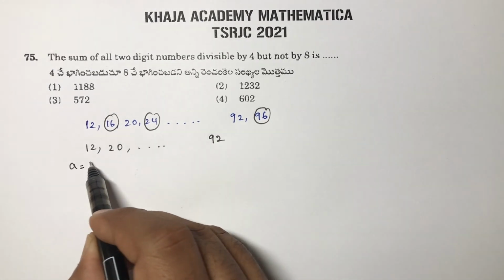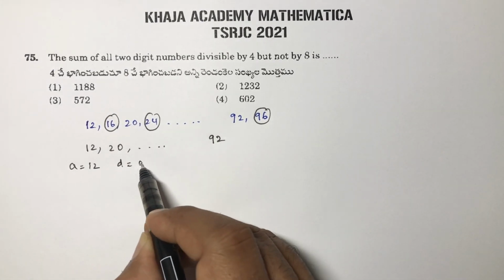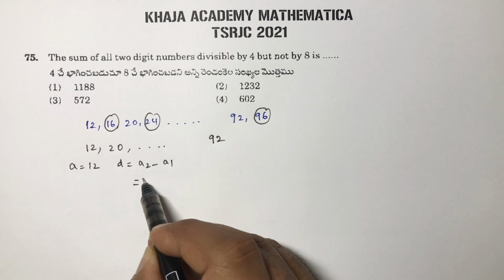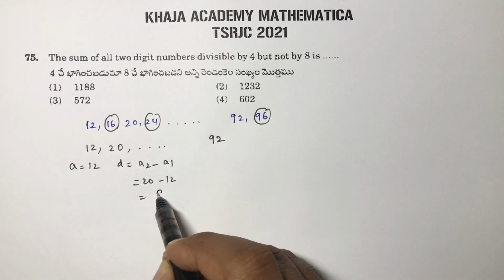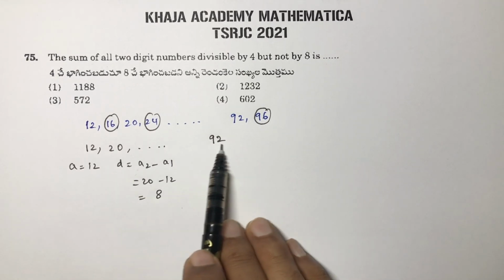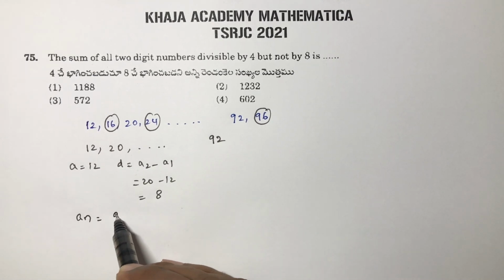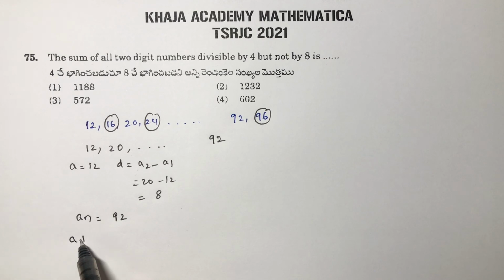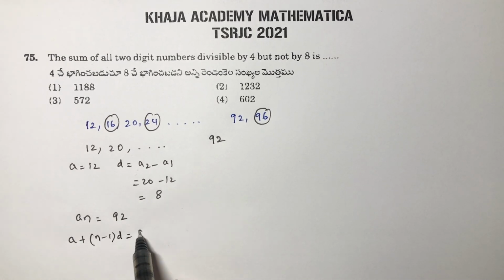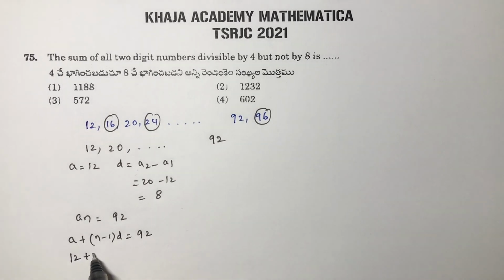So here a is 12, and d is a2 minus a1, 20 minus 12, that is 8. We need to add all these terms, but we don't know how many terms there are. So an equals 92. a plus (n minus 1) into d is 92, so 12 plus (n minus 1) into 8 is 92.